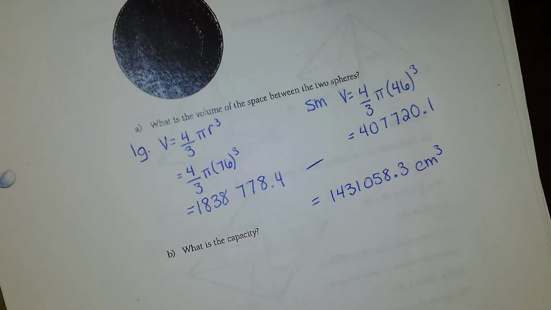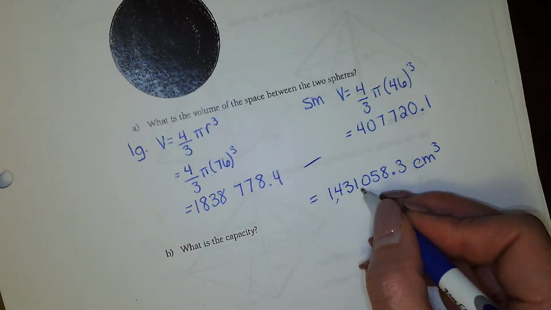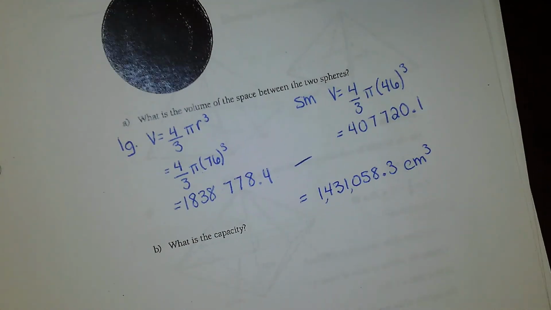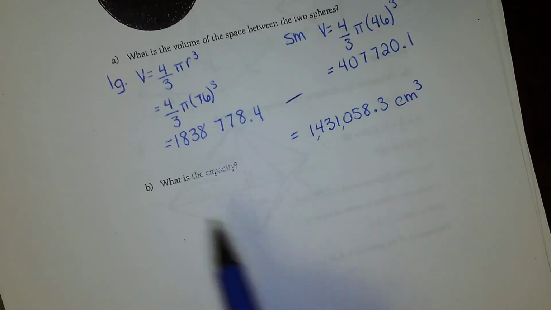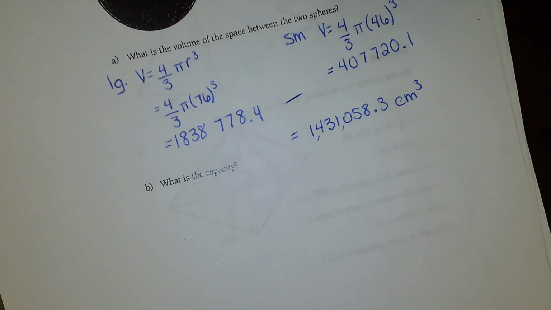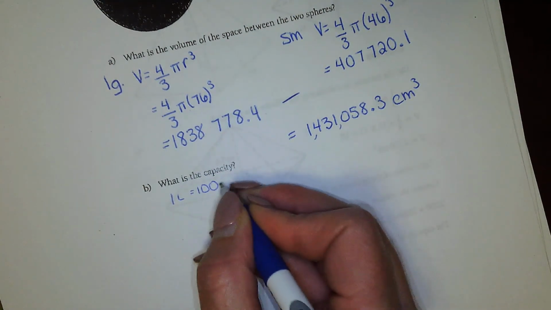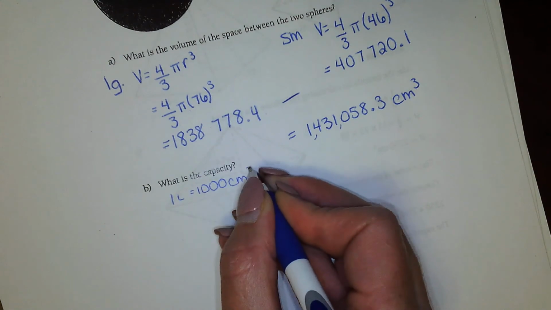If you like the little commas to help you out there, you can. It's not really a Canadian thing to do. What is the capacity? Remember, like we said, 1 liter is equal to 1,000 centimeters cubed.